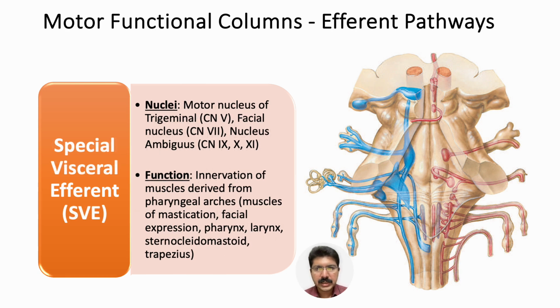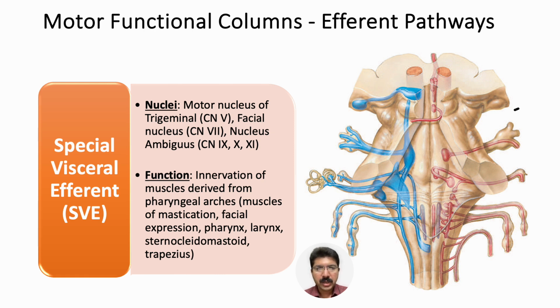Moving laterally is the branchial motor or special visceral efferent column, SVE. The nuclei here are involved in controlling muscles derived from the embryonic pharyngeal arches. These arches give rise to structures in the head and neck, and the muscles they innervate have unique functions related to these structures.